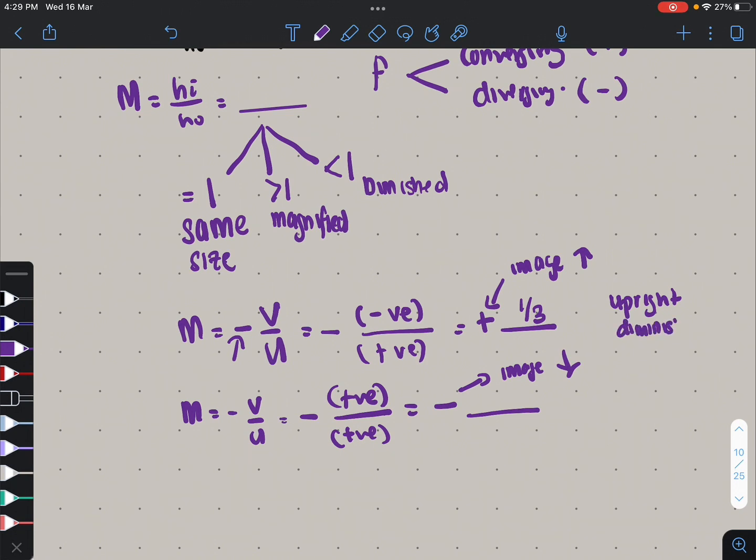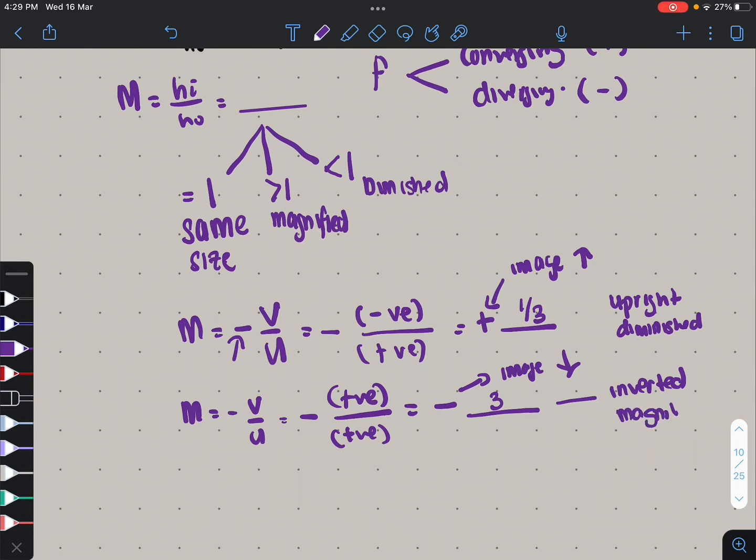Sebab image kita mempunyai nilai 1/3 magnification saja, which is less than 1. Maka dia diminished. Okay, let's say kita dapat negative 3 pula. If you get negative 3 here, this indicates that your image is inverted, sebab negative sign here indicates inverted, and the value 3 here refers kepada magnified.